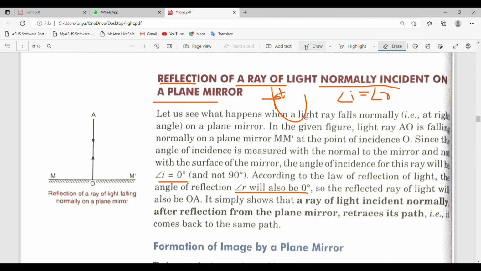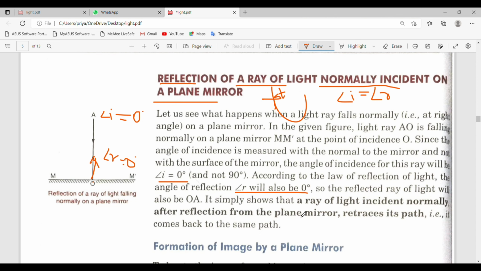Here you can see that the incident ray is falling on point O with an angle of 0, right? No angle is there, only a straight line is there, 0 degree angle. So the reflected ray will also form an angle of 0 degree.